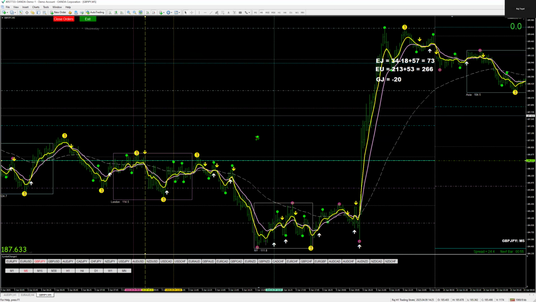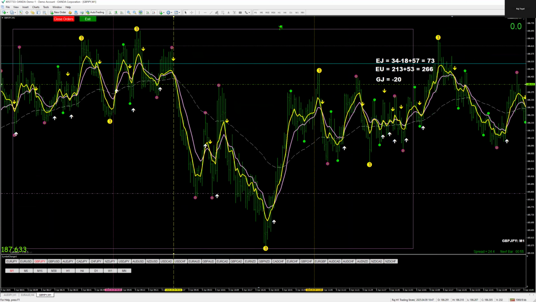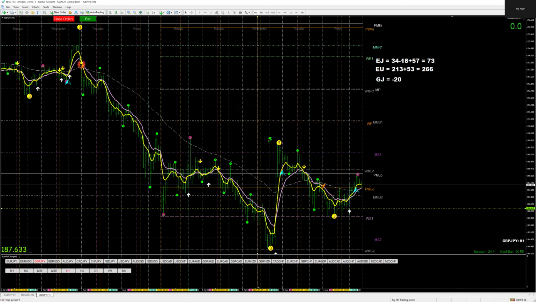And the 1 happened here. So that's our entry. 1 hour trade. And that's break even. Right? So the trade happened in between sessions, but it's a break even for us. And then a reversal, right?